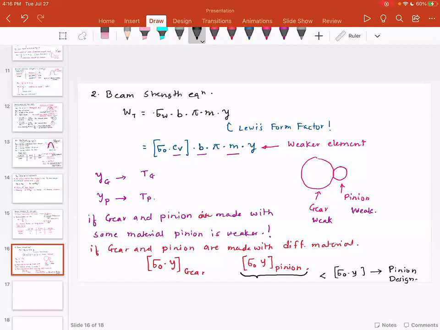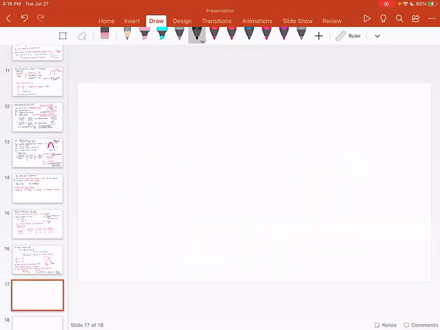Next, before we apply that equation, we have to assume the relationship between B and M. Many a times, B can be considered as 9.5 to 12.5 times M. Now if you look at the equation, WT is equal to sigma W multiplied by B multiplied by pi multiplied by M multiplied by Y. Value of Y would be known.